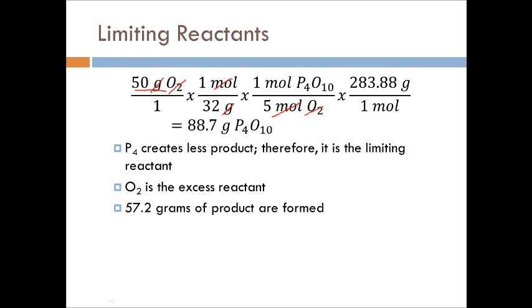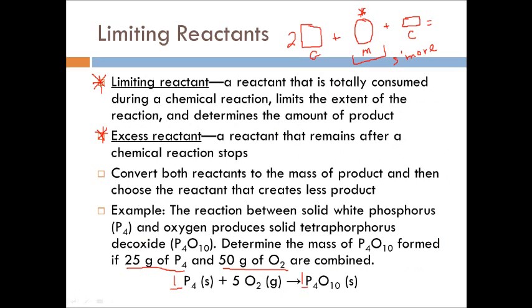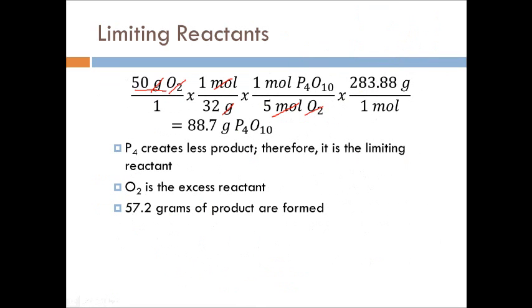We have 5 moles of oxygen to the 1 mole of product. And then we multiply again by the molar mass of the product. And in this case, it gives us 88.7 grams of P4O10.